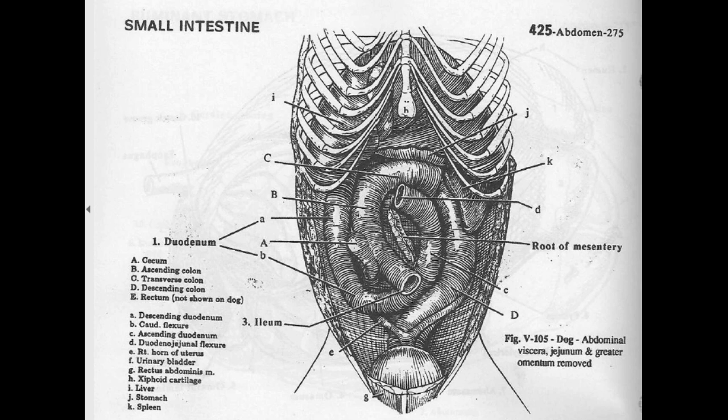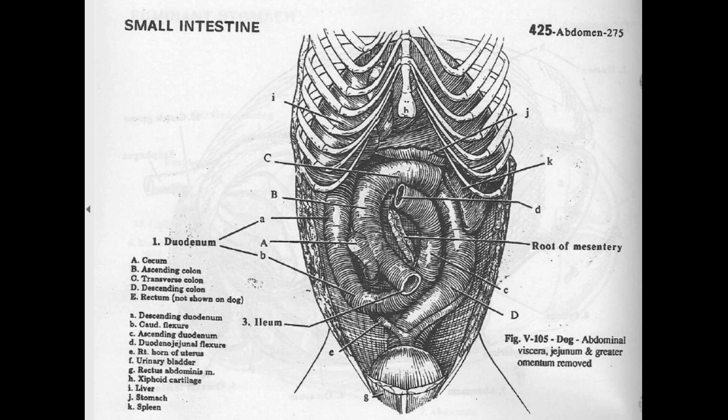There is a ligament called the duodenocolic ligament which connects the caudal flexure of the duodenum and the ascending duodenum to the descending colon. On one side, the duodenocolic ligament starts from the caudal flexure of the duodenum and terminates at the ascending duodenum, and on the other side, it attaches to the descending colon.